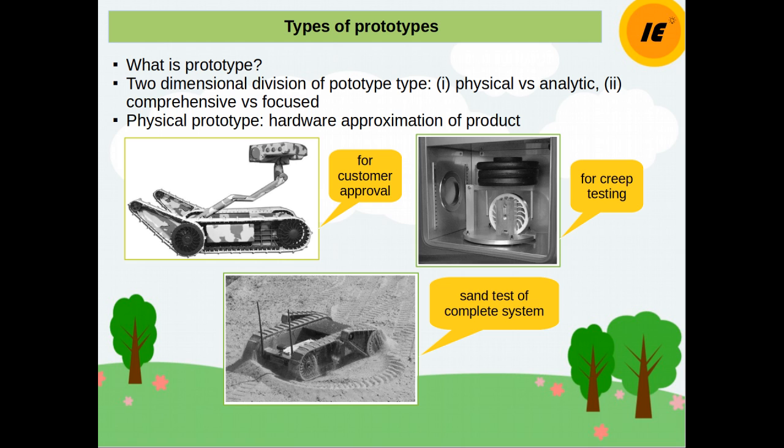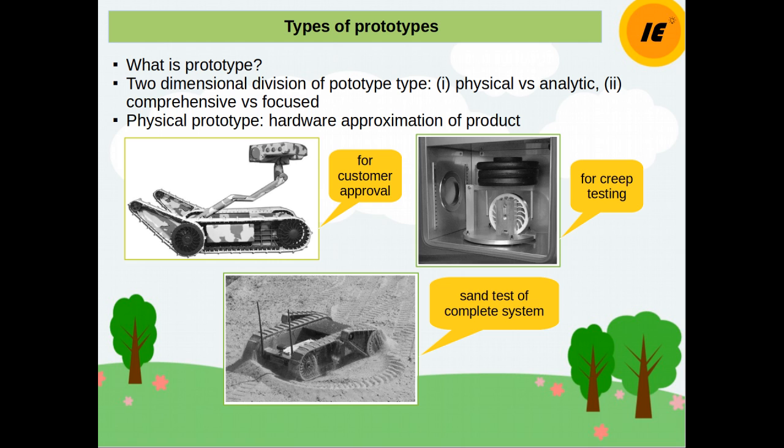For example, for customer approval you might want a full prototype, or at least a prototype which looks like the final design or final form of the product, because they like to see how it looks also. That also matters. Ergonomics and aesthetics are going to be important for a different kind of product.